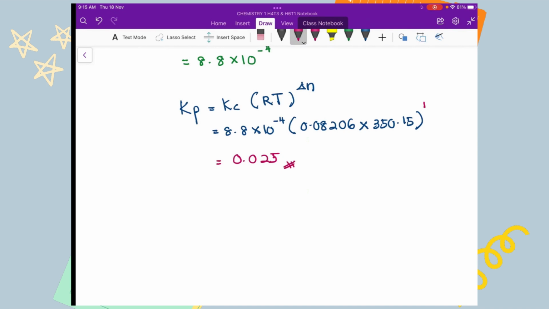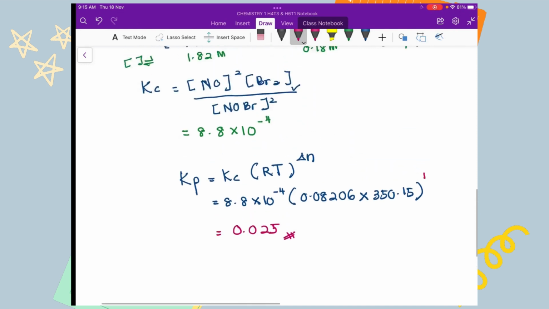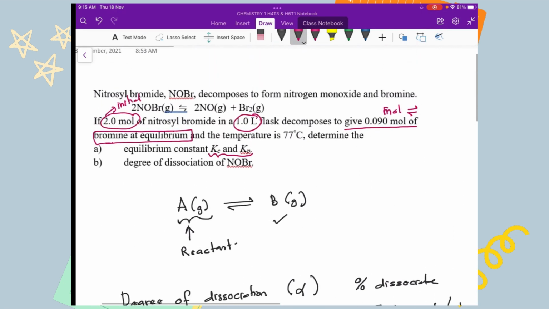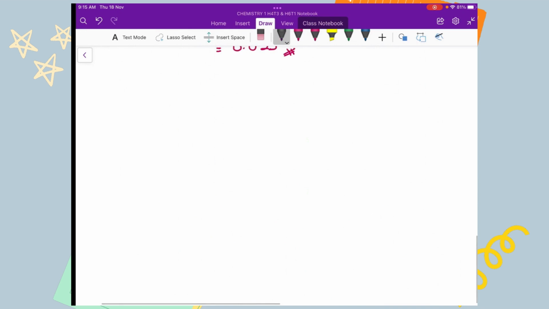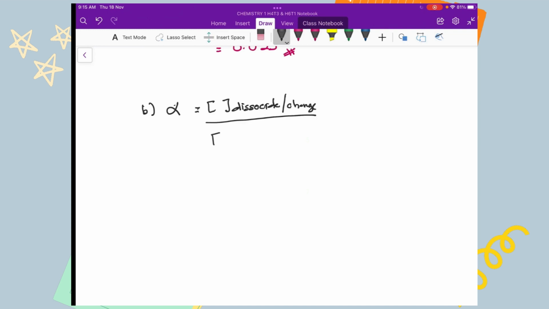Alright, the next question, which is B. The question asks you to determine the degree of dissociation of NOBr. If we write the formula, for B the degree of dissociation, which refers to alpha, is the concentration dissociated or changed over the concentration initial.